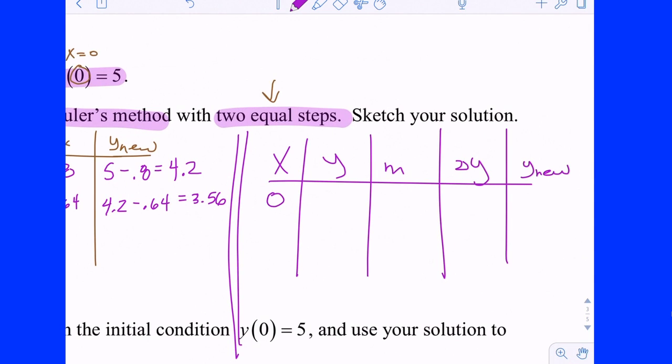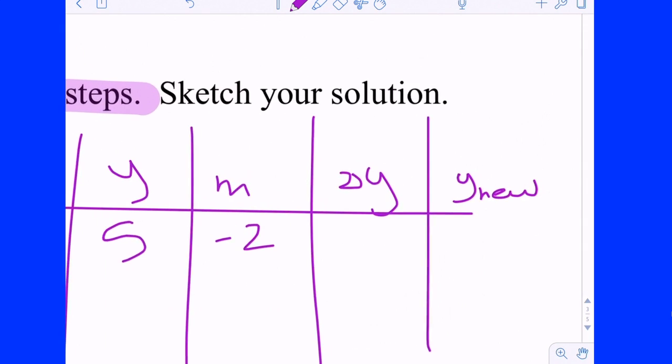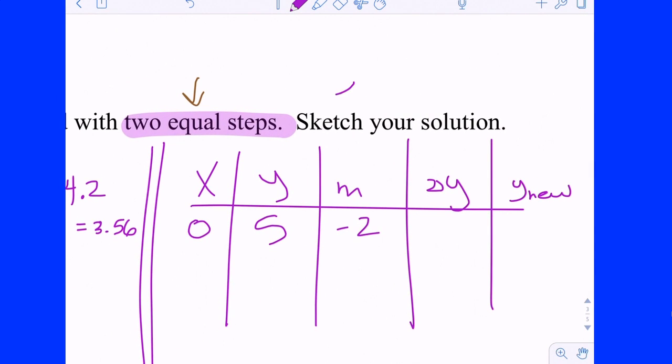If I start at 0.5 and my slope is negative 2, well, what's my delta y? Well, it's delta x times m. But if I'm taking the full step from 0 to 0.8, instead of breaking it down, my delta x is 0.8. What's negative 2 times 0.8? Negative 1.6.